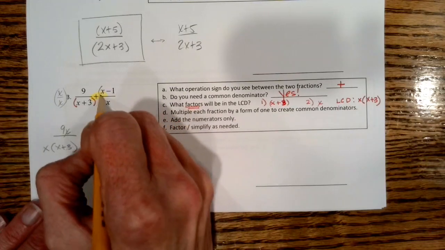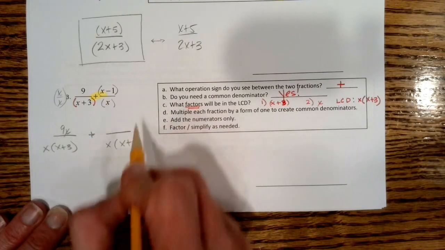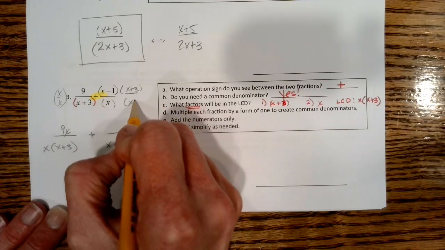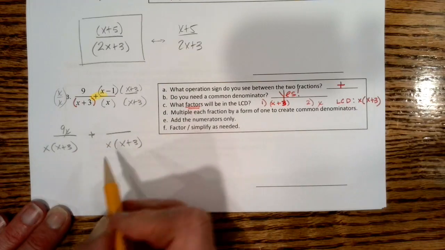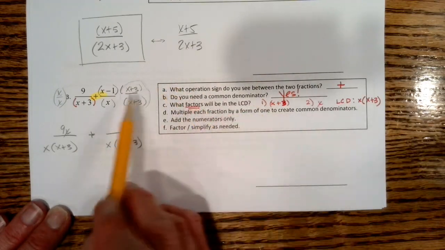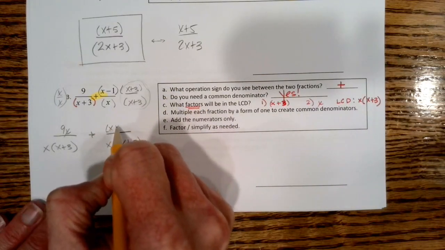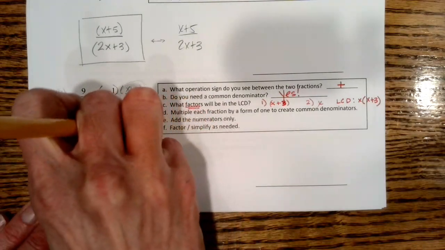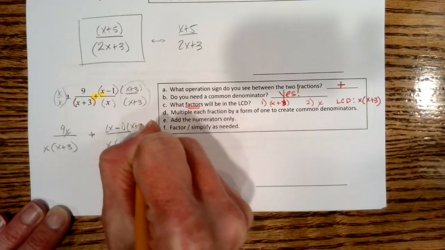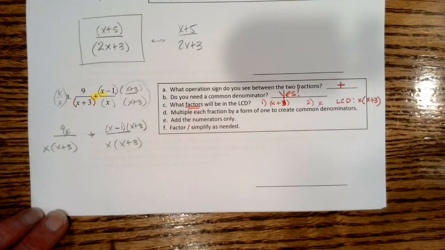All right, so here, when I bubble wrap that, what I need to make this match is an x plus 3 over an x plus 3. This fraction has a form of a value of 1. I'm not going to change the value of this fraction, but what I will do is I will give myself a numerator and a denominator now that matches.